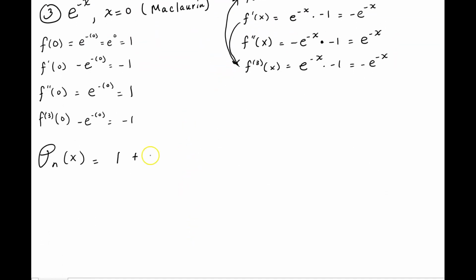So it's going to be a negative 1 times x, plus the second order derivative, which was 1, divided by 2 factorial, multiplied by x minus a squared, which is just going to be x squared because a is 0. And then plus a negative 1 divided by 3 factorial multiplied by x minus a cubed. A again is 0, so it's just an x cubed, and so forth and so on.